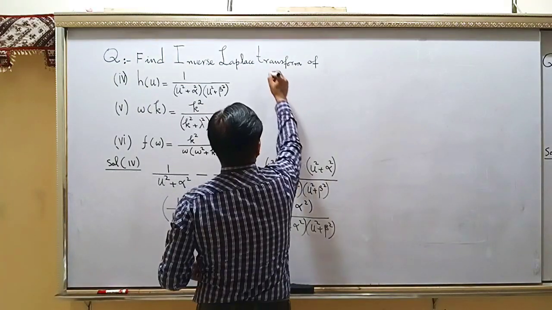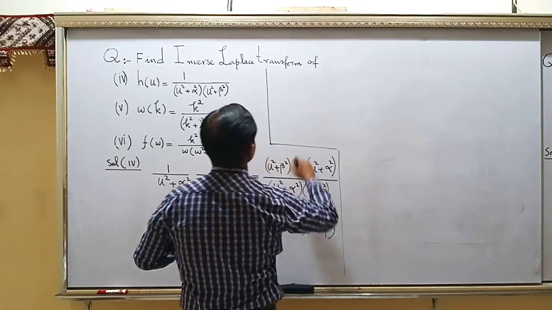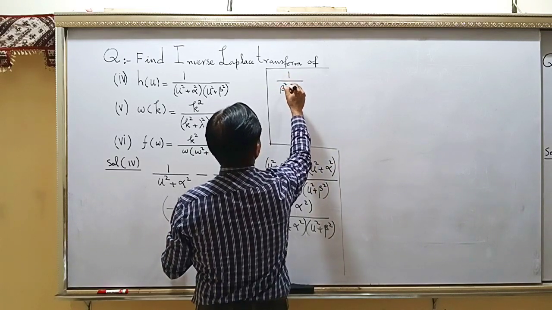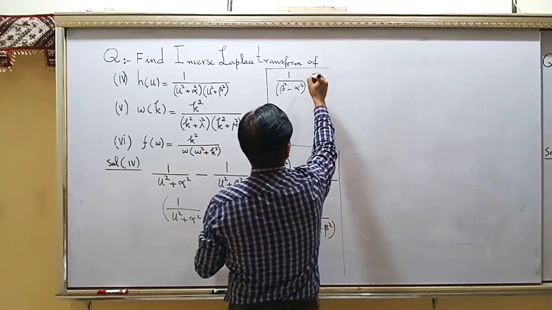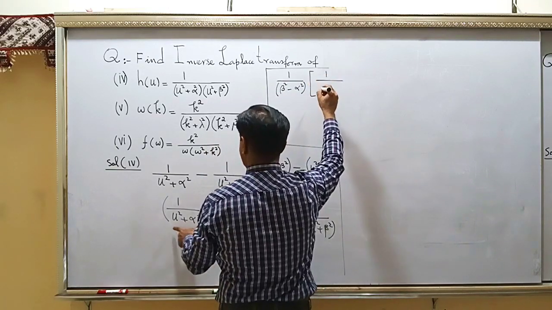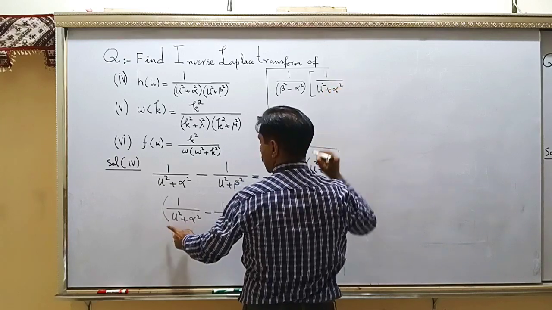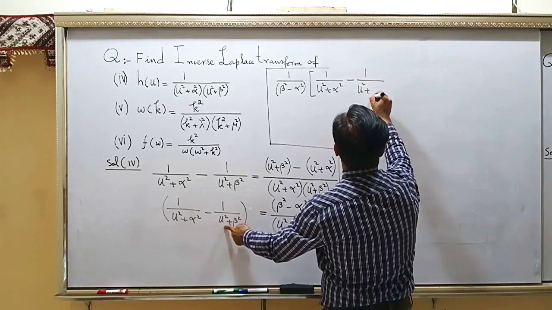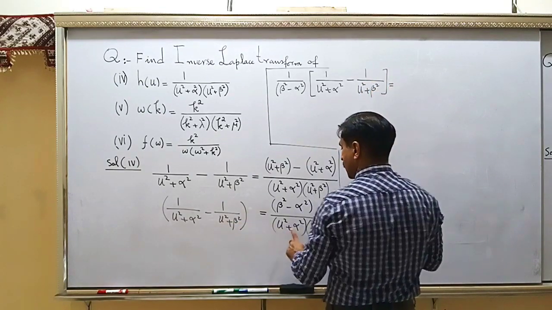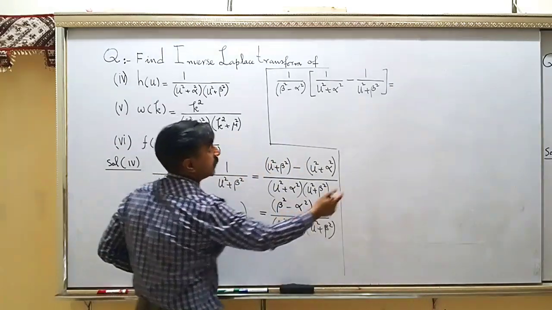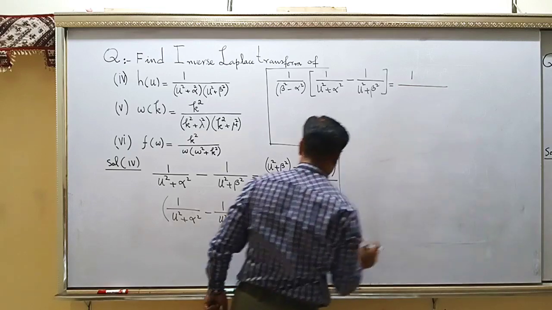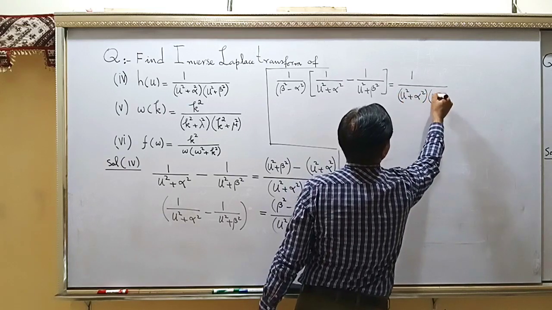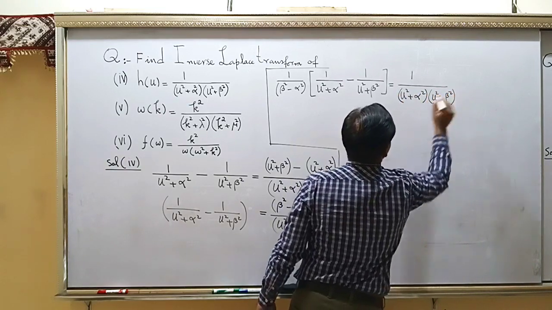So let's do this here. 1 over beta square minus alpha square into 1 over U square plus alpha square, this piece, and minus 1 over this thing U square plus beta square, bracket closed, and on the right hand side here you will have 1 divided by these two factors U square plus alpha square and U square plus beta square.